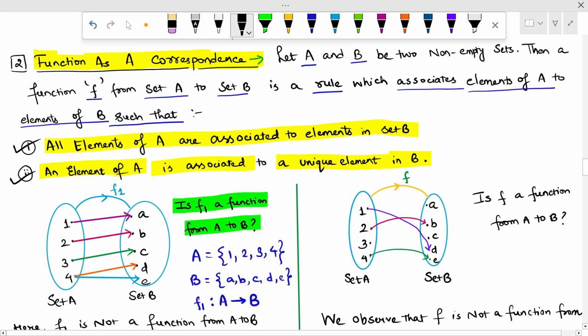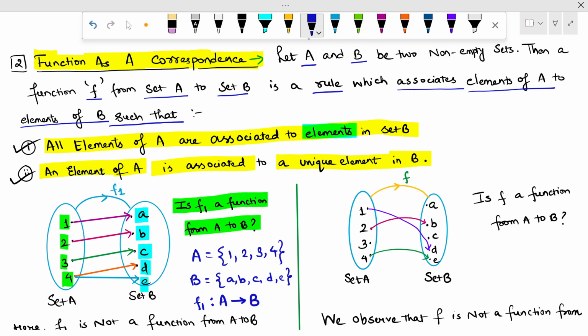That all the elements of A are associated to the elements in B. Here we can see that all the elements of A like 1, 2, 3 and 4 are associated to the elements of B. Means 1 is associated with a, 2 is associated with b, 3 is associated with c and 4 is associated with d and e. So the first condition is satisfied.